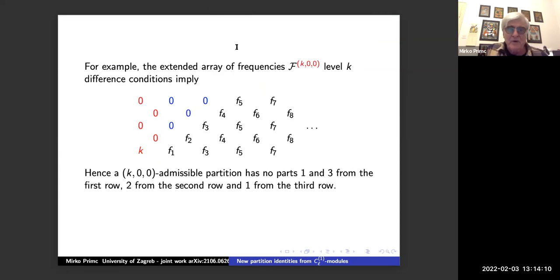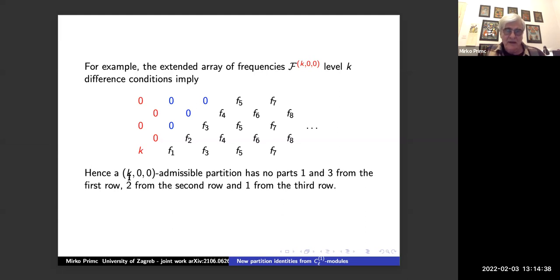So for example, if we put K all the way down and the rest 0, then we look at the downward path that goes from the top straight down to K, and the sum of frequencies should be K. So this forces all the frequencies on the places which are denoted blue to be 0.